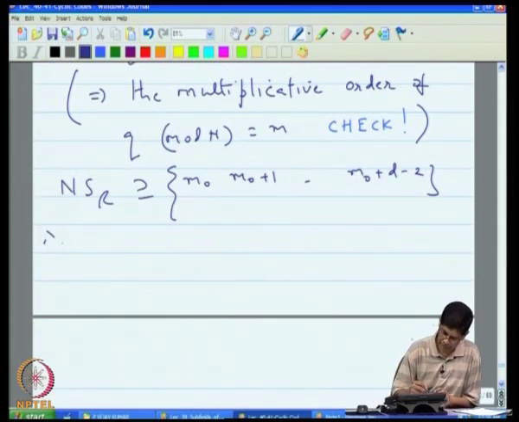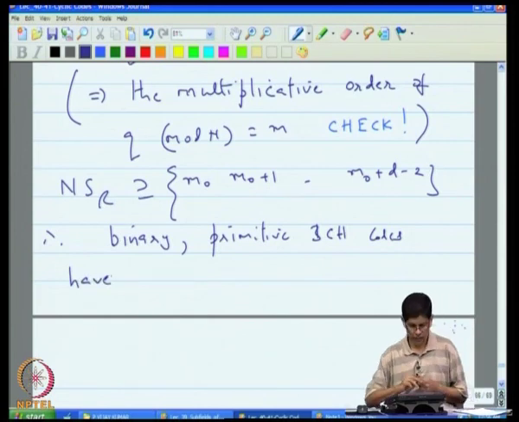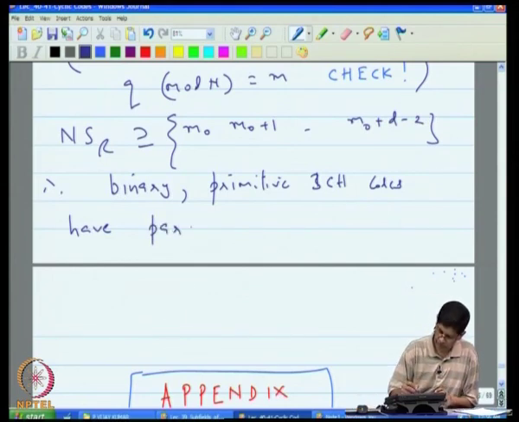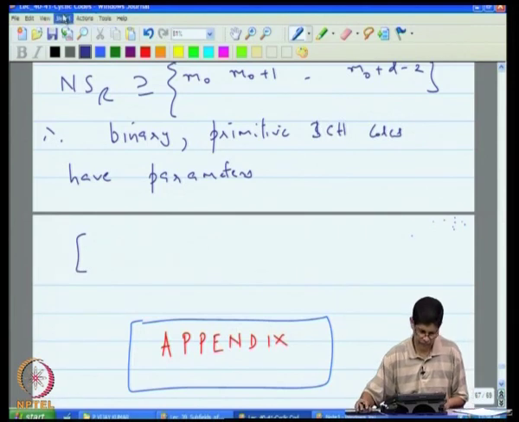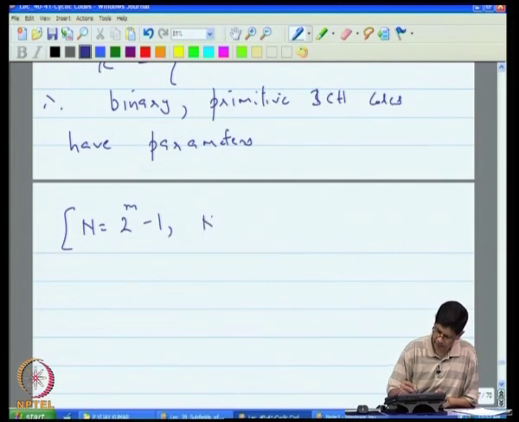Therefore, binary BCH codes have parameters: n is equal to 2 to the m minus 1 and the dimension is n minus the size of the null spectrum, and d min is greater than or equal to d.